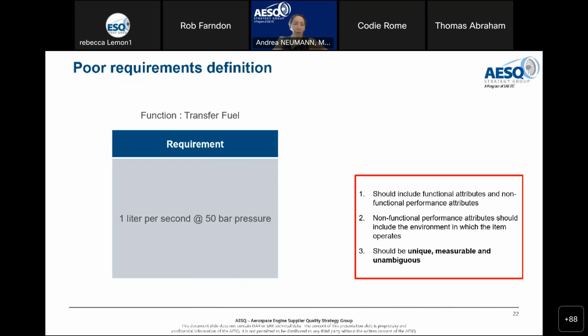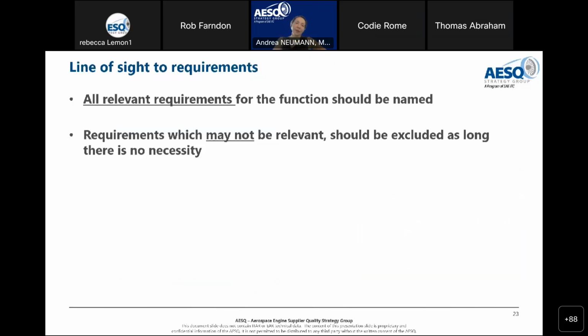And this could mean that sometimes it's necessary also to include some environmental attributes there, these so-called non-functional performance attributes. And so that everyone afterwards can understand and work with these requirements, it is necessary that these requirements are unique, measurable, and unambiguous. So click please again.